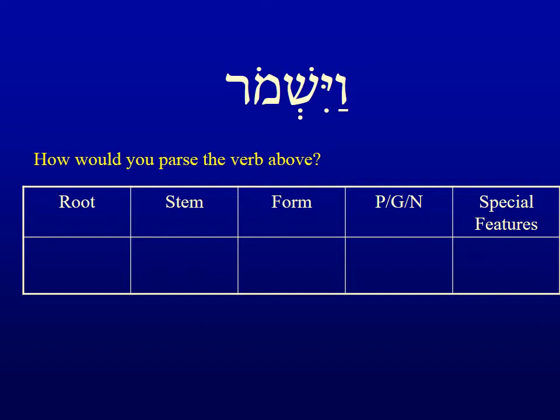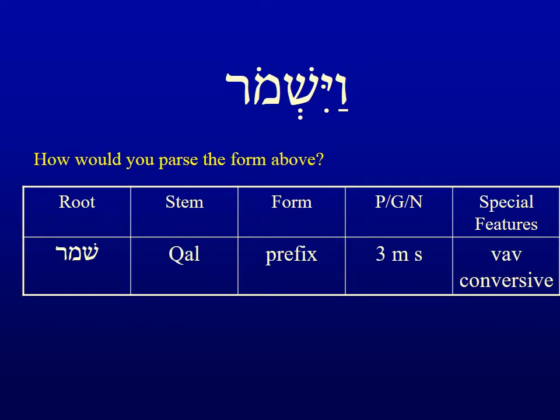So if you were to parse this verb, not necessarily knowing what it means, but just parsing the verb, the first thing is to identify the root. You know that the root is the letters that are neither the prefix nor the vav conversive. So the root is shmar. The stem is going to be kal, which is the only one we know.